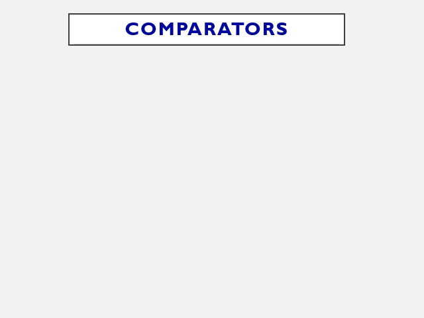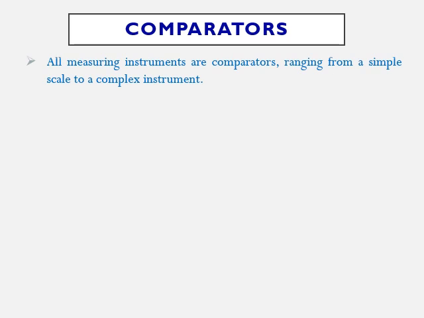In the next video we will discuss the comparators, different types of comparators and amplification devices. Comparators are devices used to compare two elements, one being the standard and the other being the non-standard element, object or physical quantity.